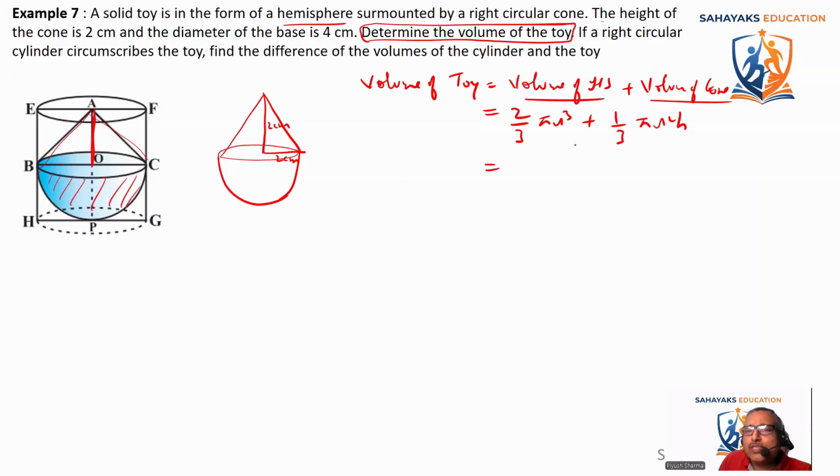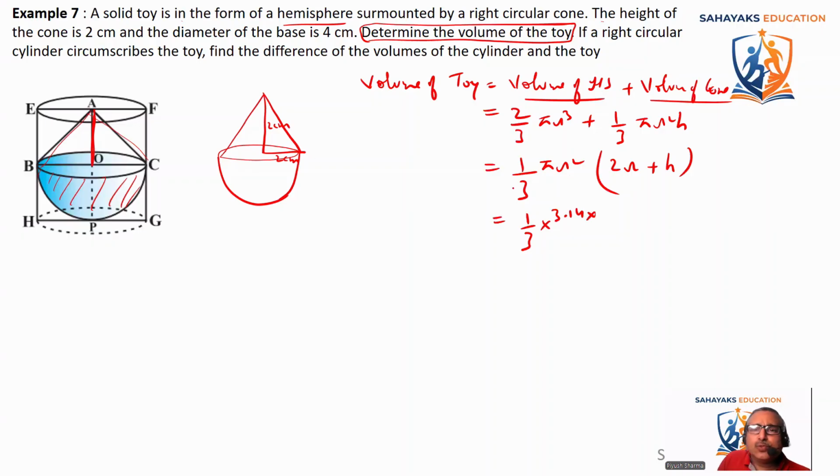Let's find what is common between these, because the radius is the same. So we can say 1 by 3 pi r square is common. So it becomes 2r plus h. Now 1 by 3 into pi, I'll just take it as 3.14, into radius square.